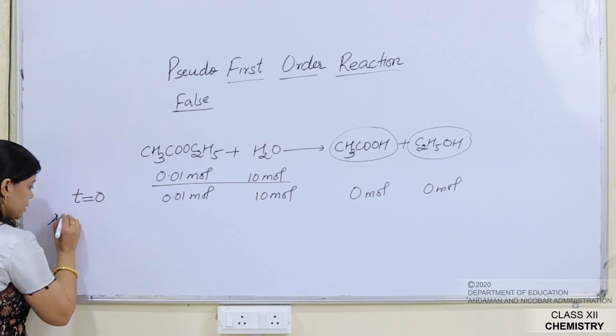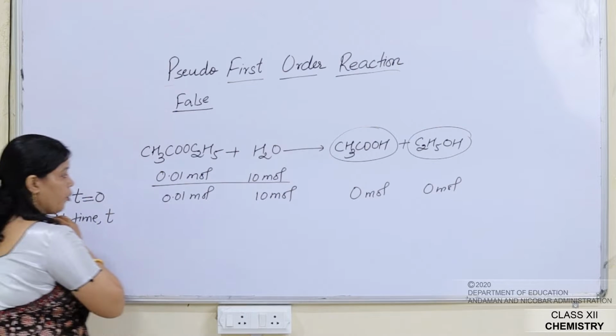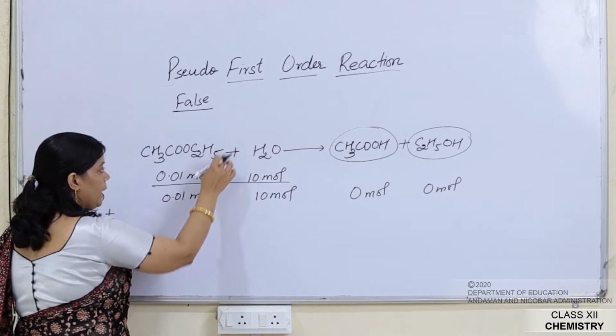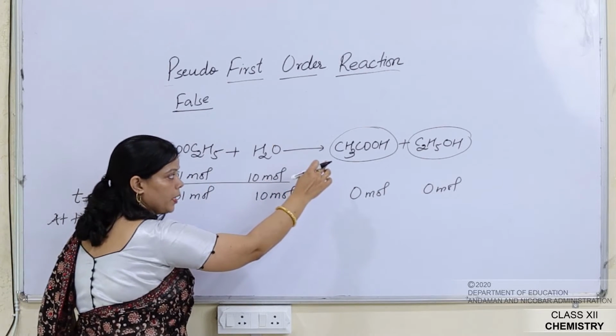At time t, what happens? The ethyl acetate is completely consumed and converted to form the product.